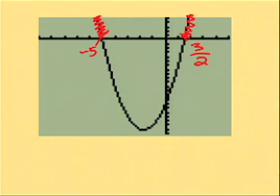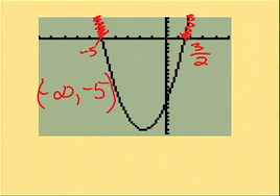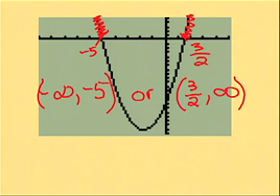So what we'll see is that it's the interval that starts at negative infinity and comes up to, but does not include, negative 5, because we're interested in when it is a positive number, or we would have from 3/2, not including 3/2, up to positive infinity.